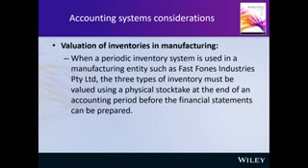So, valuation of inventory in manufacturing. When a periodic inventory system is used in manufacturing, such as Fast Food Industries Private Limited, the three types of inventory must be valued using a physical stock take. It means you have to go and count the stock at the end of the accounting period, since you are using periodic. Another one is perpetual, where you don't have to do this.